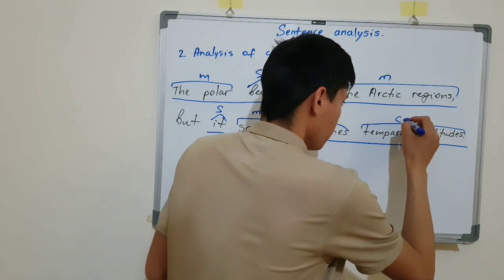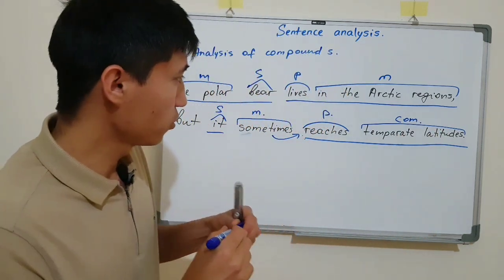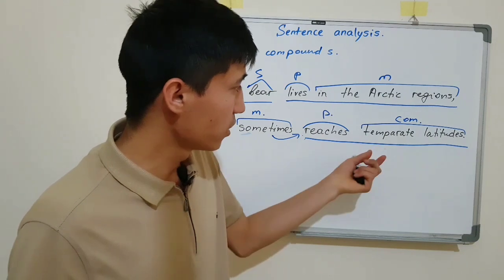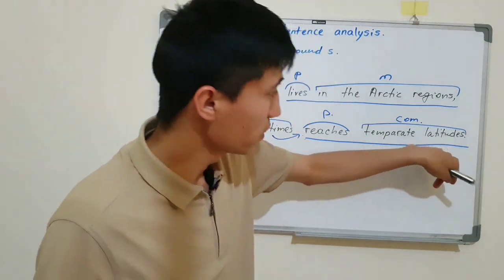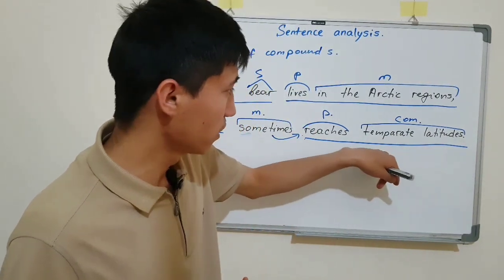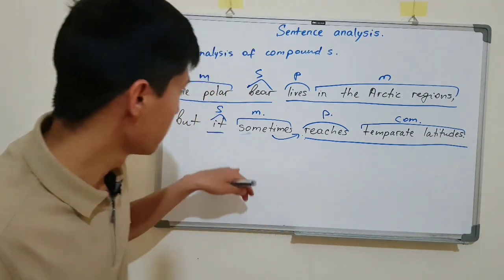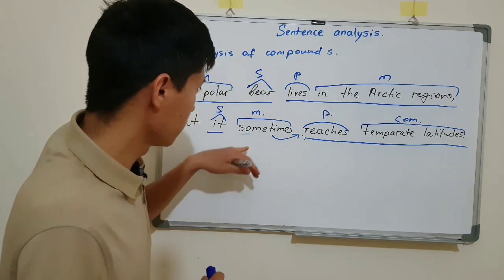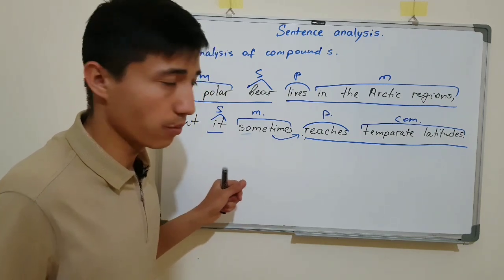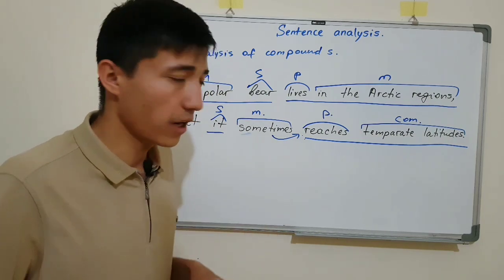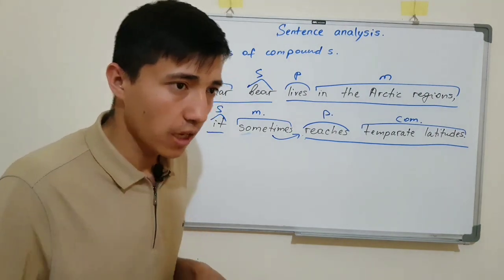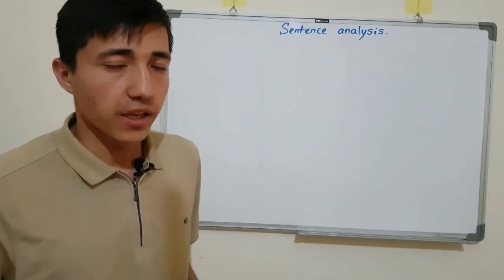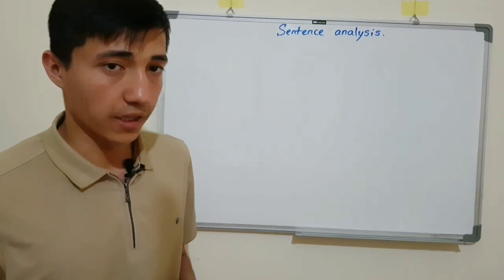Latitudes is a noun, and temperate is a modifier of the main complement. Temperate is an adjective, and sometimes is an adverb, and as I mentioned before, it's an adverbial modifier.